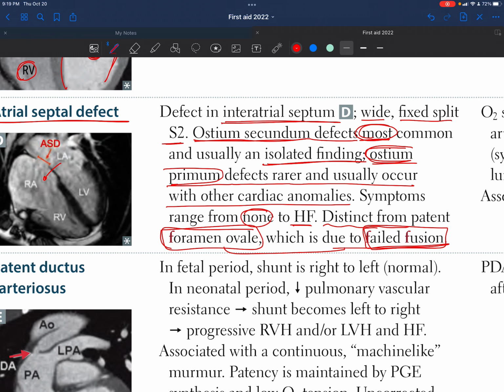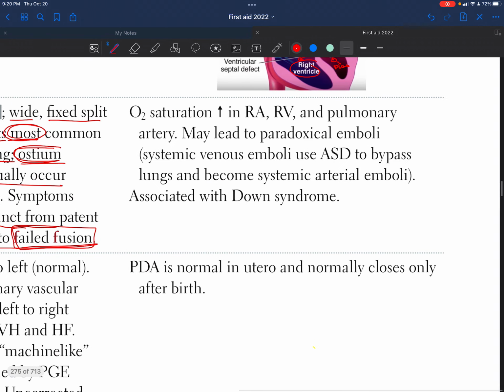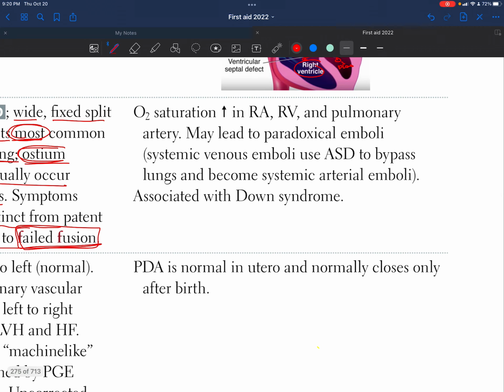That's the problem with foramen ovale. But in our case, in the atrial septal defect, it's a problem with this ostium secundum, which is already an opening. So it's an already existing opening having a defect, not closing properly. But the foramen ovale is just a failure of fusion of something that should have been fused normally.